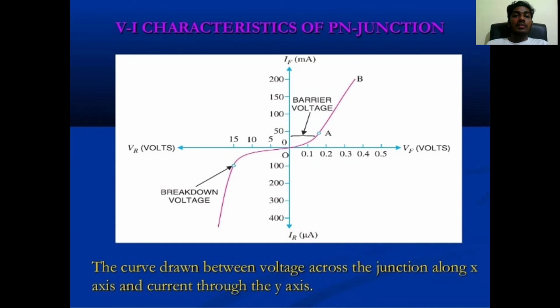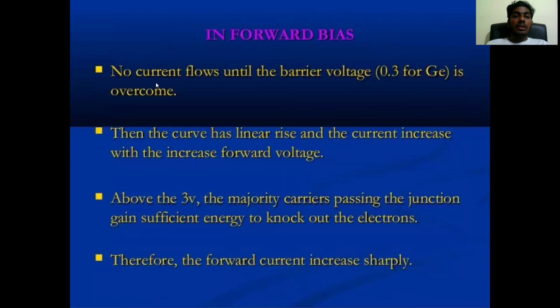Next, in forward bias, no current flows until the barrier voltage, 0.3 for Ge, is overcome. Then the curve has a linear rise and the curve increases with the increased forward voltage. Above 3 volts, the majority carriers passing the junction gain sufficient energy to knock out the electrons.